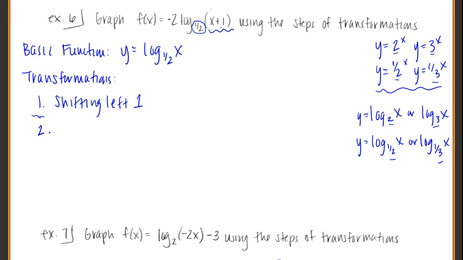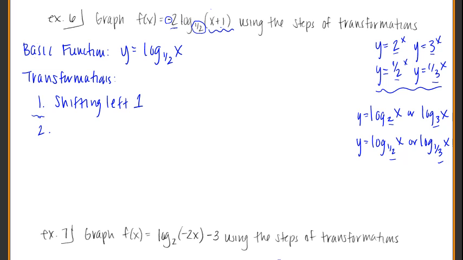Now let's go outside the function to figure out what's left. We've got this negative as one transformation, and we have 2 as another. Which comes first? Anytime you're doing vertical movement, the order is distortions, which is stretching or compressing, then reflecting, and then shifting.